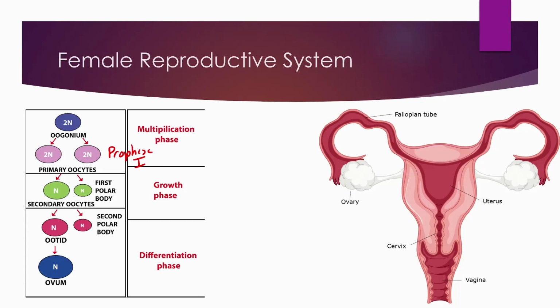The polar body will eventually atrophy and will not serve any major purpose. The secondary oocyte, on the other hand, will stay in metaphase 2, and it will not complete the remainder of meiosis 2 unless fertilization occurs. I'll just write it here, metaphase 2.